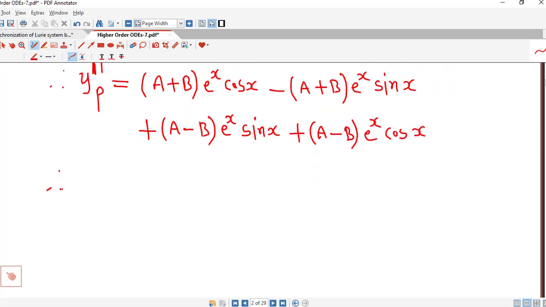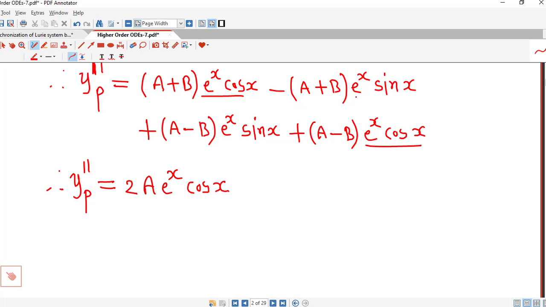So we can rewrite this by taking e raised to x cos x common, and we have the addition of these two, a plus b plus a minus b.